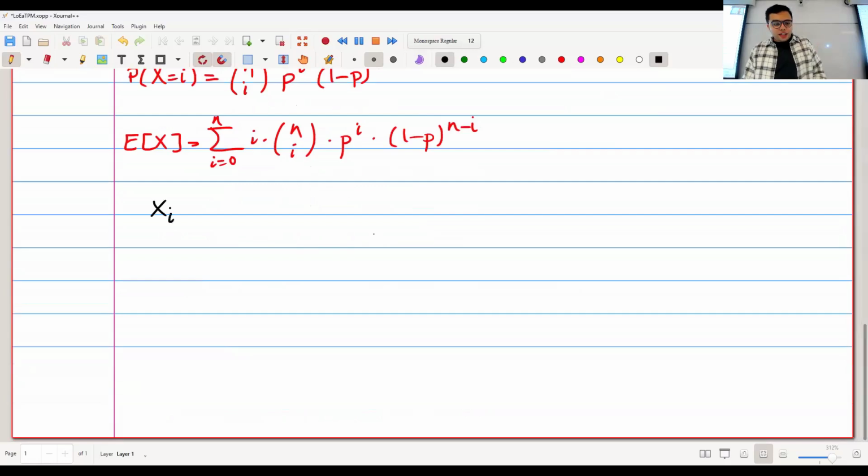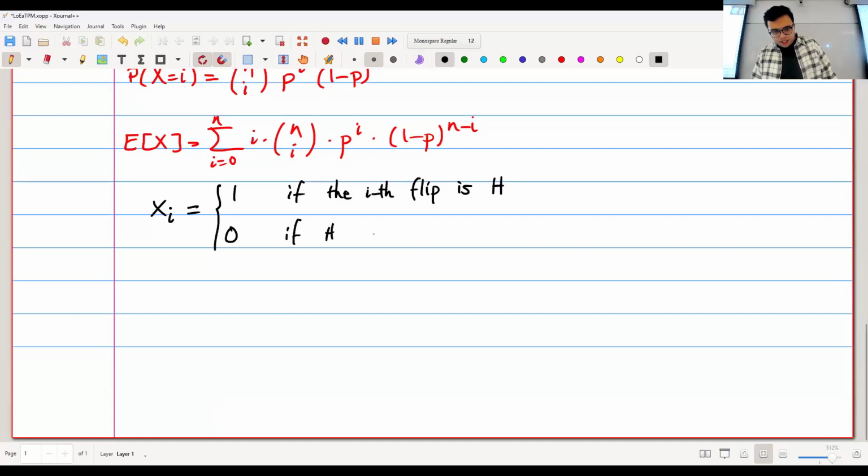I define a variable Xi, which is going to be 1 if the i-th flip of the coin is heads, and 0 if the i-th flip is tails. Again, I have that my X is the sum of the Xi's for i from 1 to n.